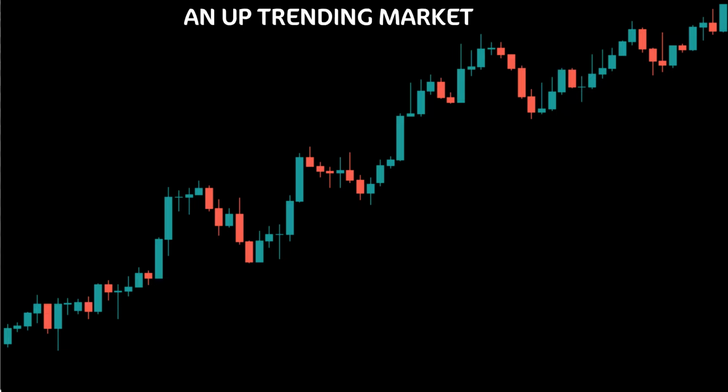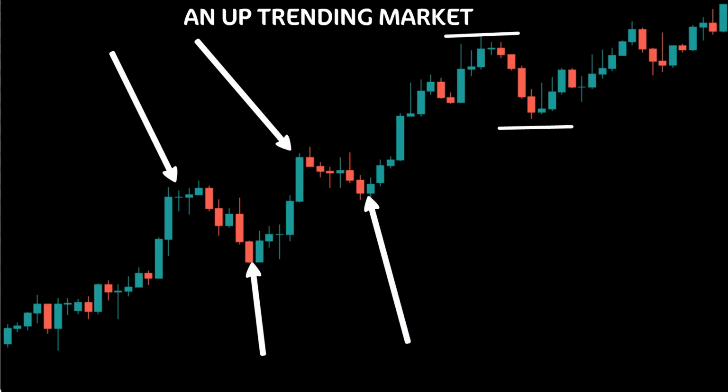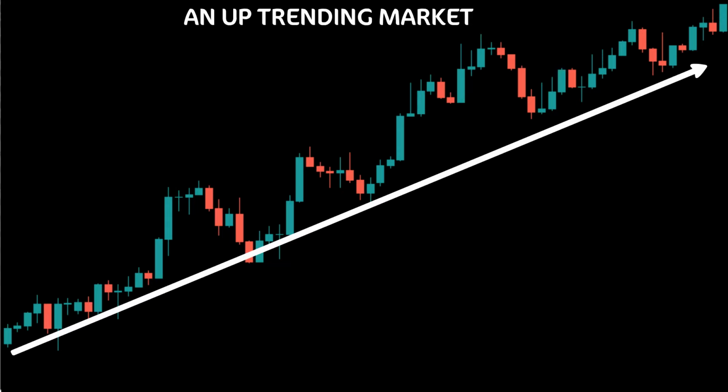Maintaining this sequence, we can see that if the price keeps its recent swing high higher than the previous one, the price will keep pushing to the upside, which is exactly the definition of a trending market to the upside.